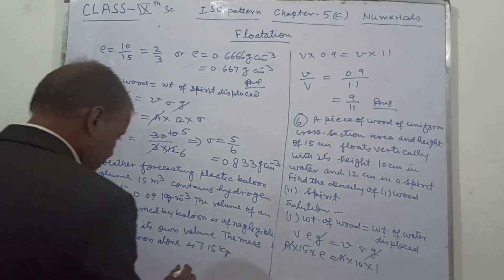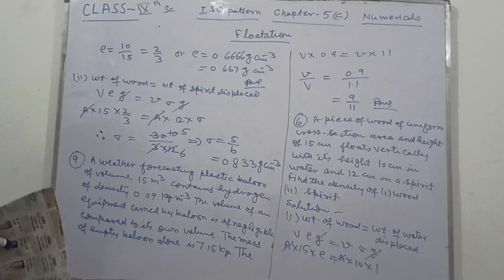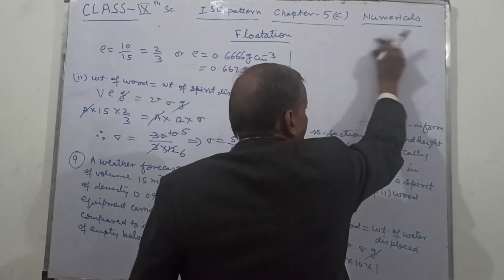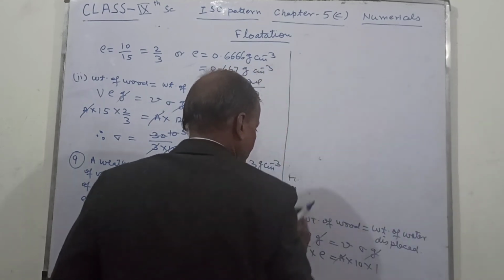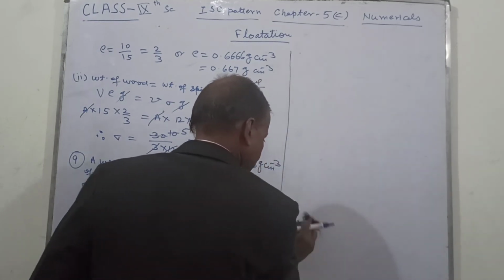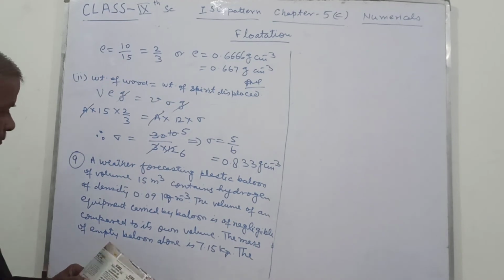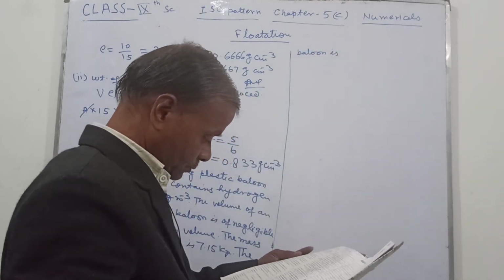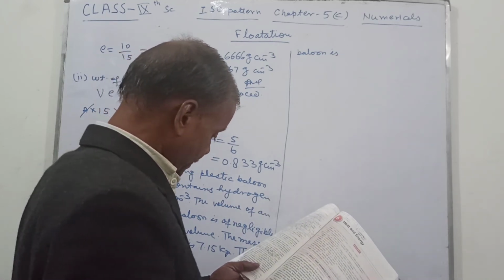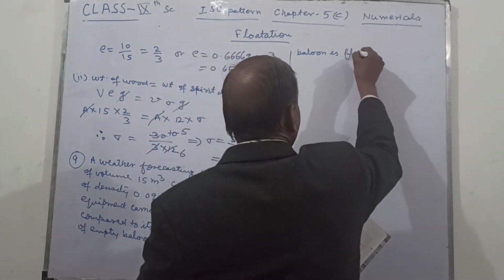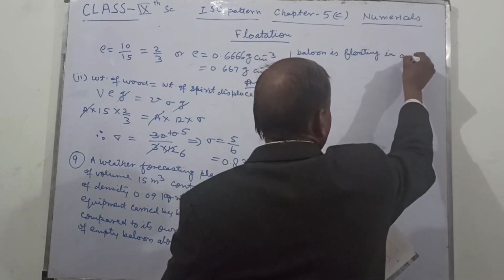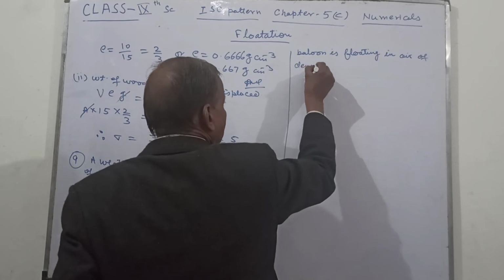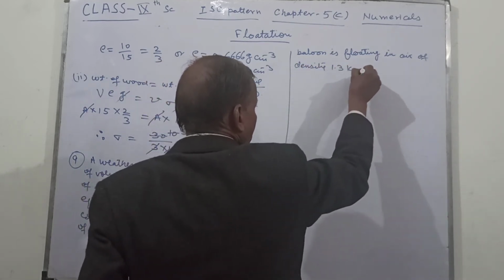The balloon is floating in air of density 1.3 kilogram per meter cube.